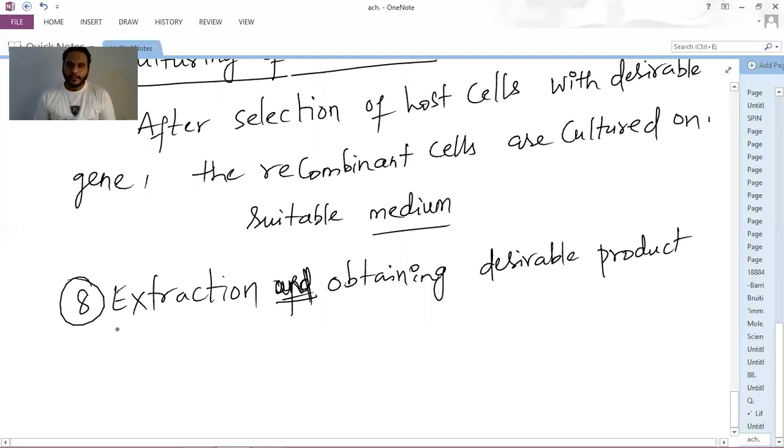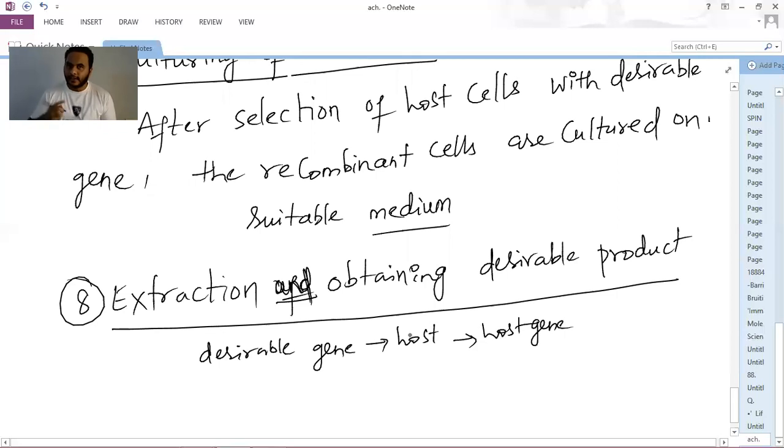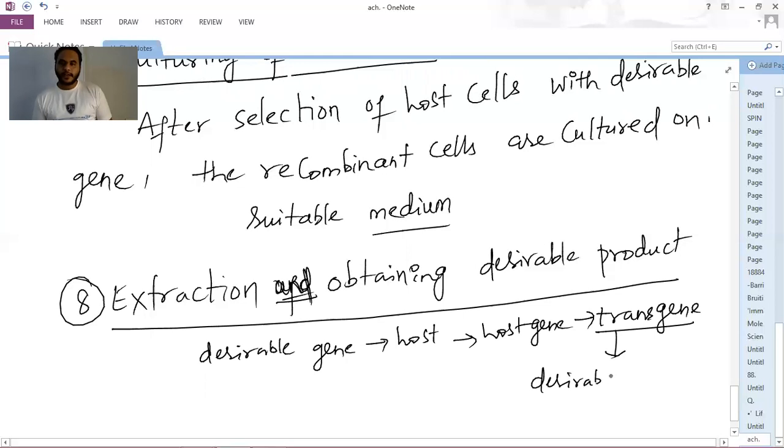By sending the desirable gene into the host, the host gene is modified into a transgene. So this transgene produces the desirable proteins.